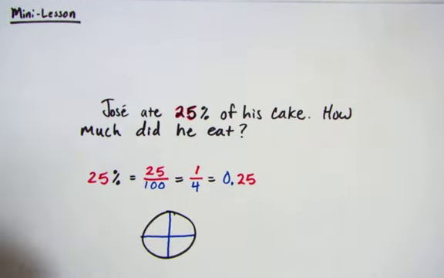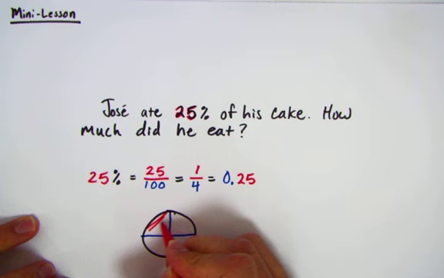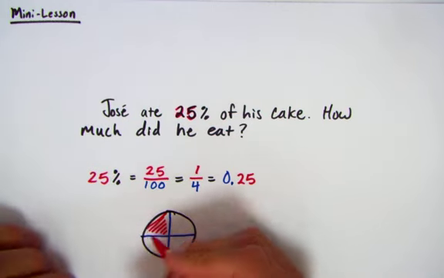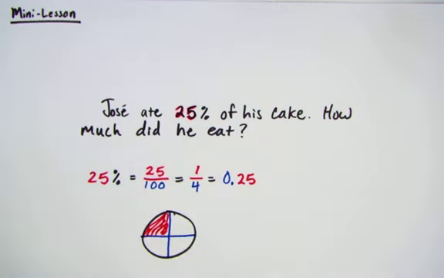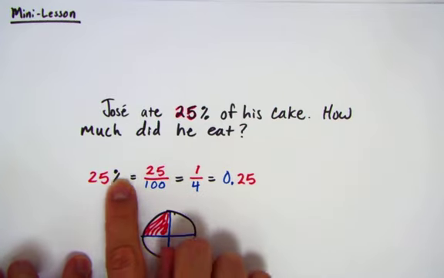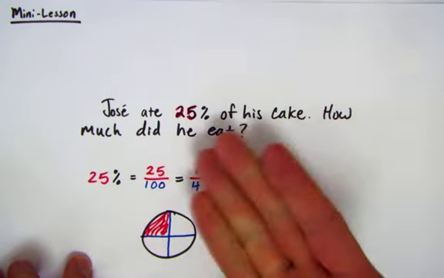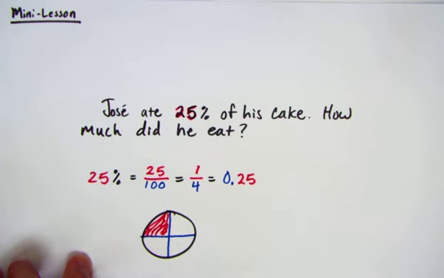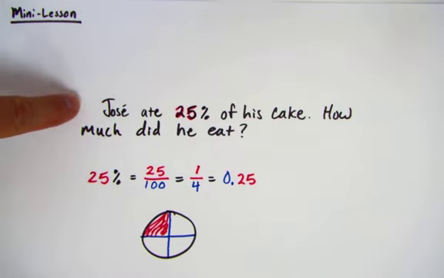And now, how much of his cake did he eat? Well, it's right there. That's the part that he ate. Okay. So that's how much he ate, and any one of these answers would be acceptable for how much of the cake Jose actually ate. It's kind of a hard question to answer because you don't know how much of the cake there is actually.